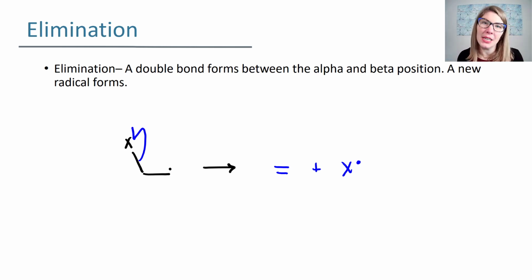Remember, because that bond is breaking, we need two arrows starting at that bond to show where the two different electrons go. So the other arrow is going to point to the middle of the already there sigma bond between the two carbons, because we're going to use this radical on the carbon to show that we're forming another bond between those two carbons to make that pi bond there.